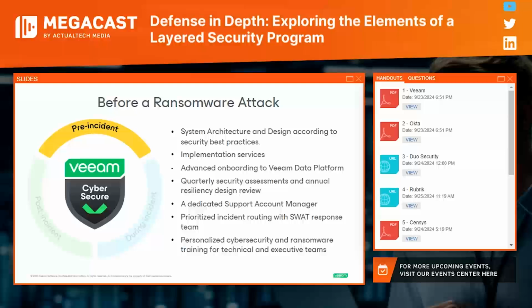Before a ransomware attack happens, there are multiple ways to prevent it and be ready with your defenses, readiness and preparation. One is your platforms. I would always recommend a proper architectural review, a proper design of your data protection environment.